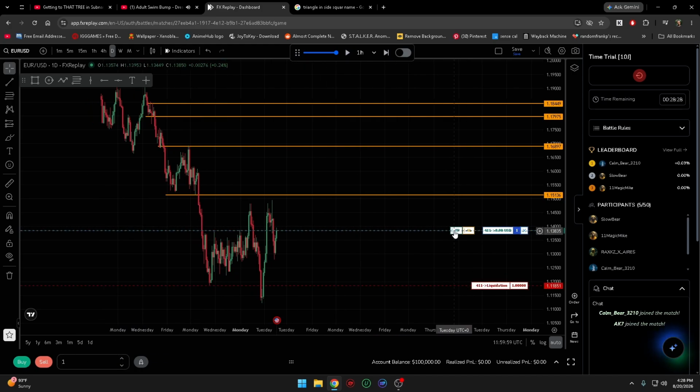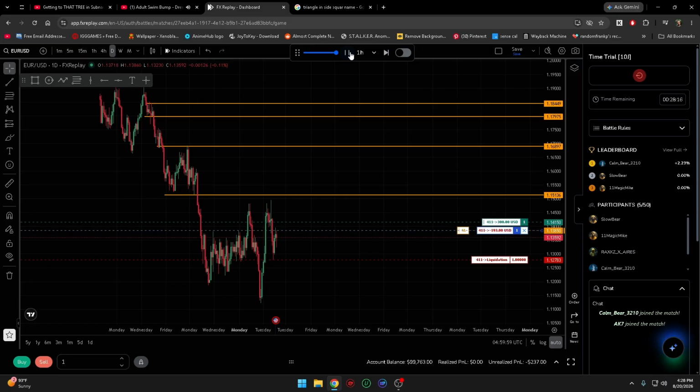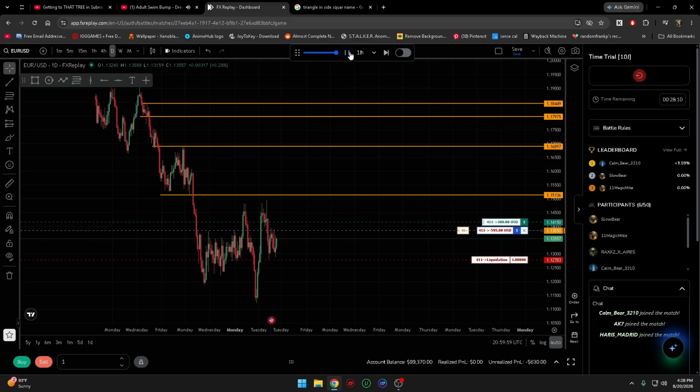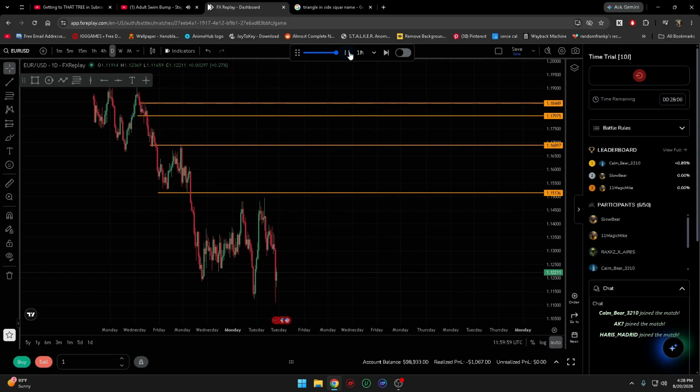Great, that's perfect. Stop loss below this candle right here. Take profit will technically be right here, I guess, because it's gotta go above this range. So let's see. It's going downward. Yeah.